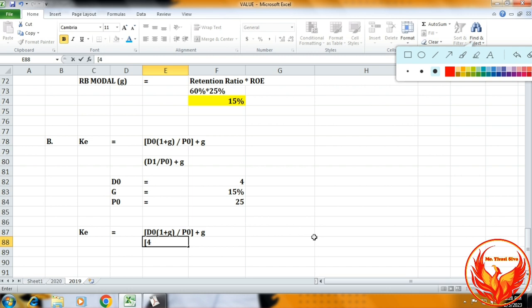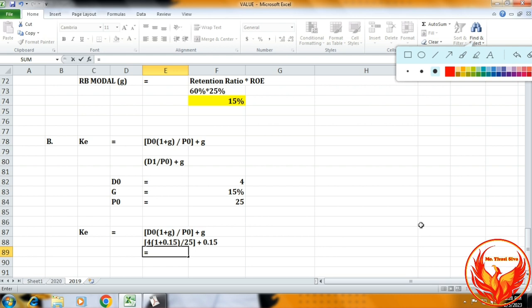₹4 into 1 plus G, growth rate is 15%, so 0.15, divided by P naught, the market value of the ordinary share, which is 25 rupees, plus growth rate 0.15, 15%.